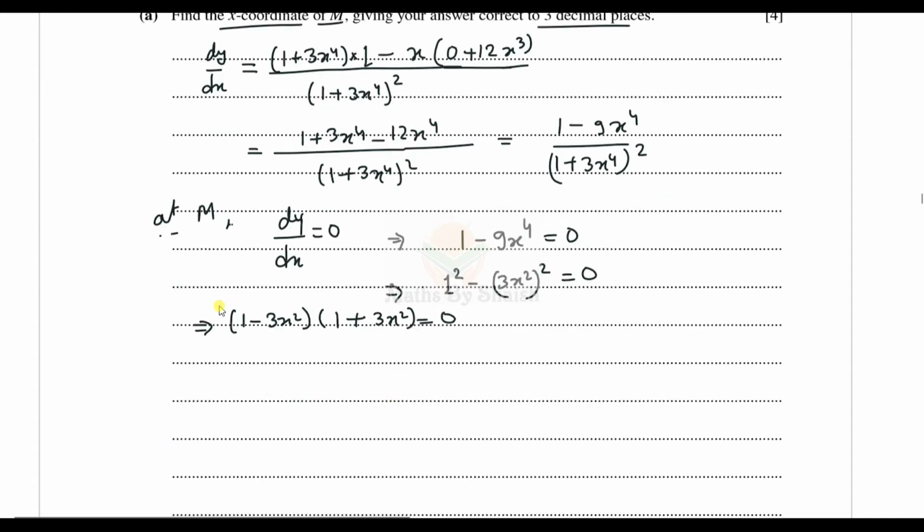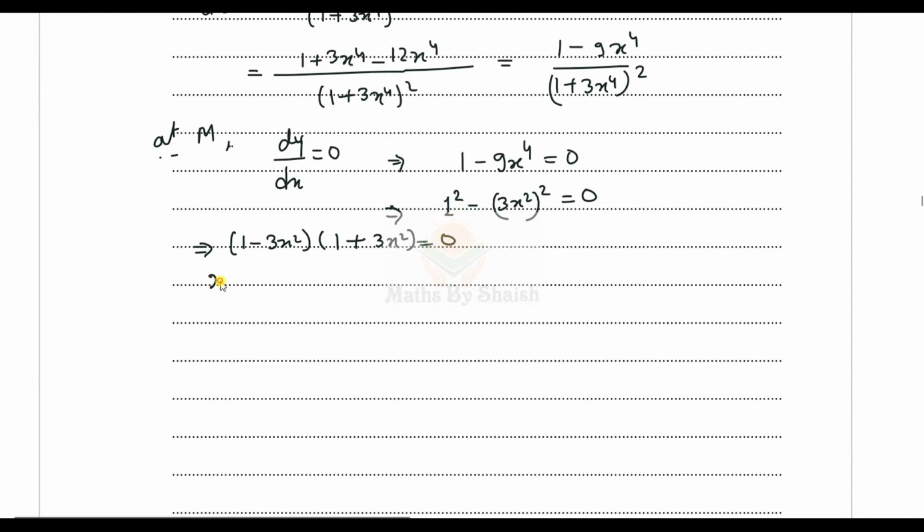So we got two roots. One is x is equal to plus minus 1 over root 3, and from the other we'll get x square equal to negative 1 over 3, which is of course not possible. We'll not take this value because it's not real, and hence we got x is equal to plus minus 1 over root 3.